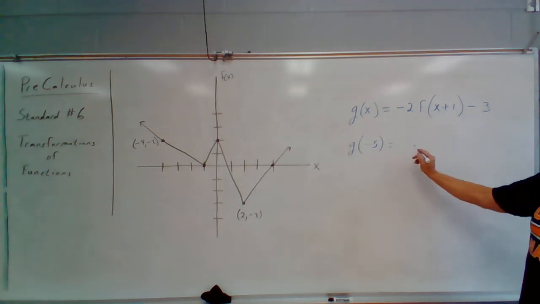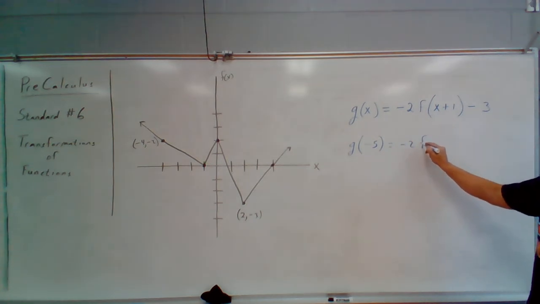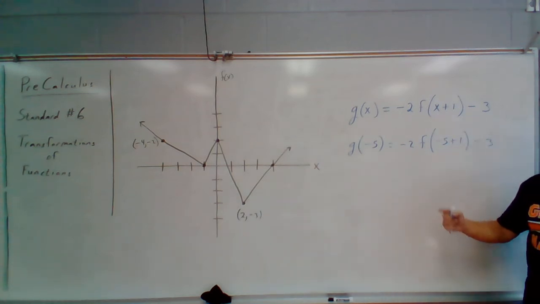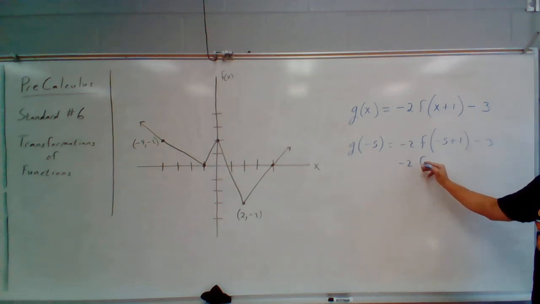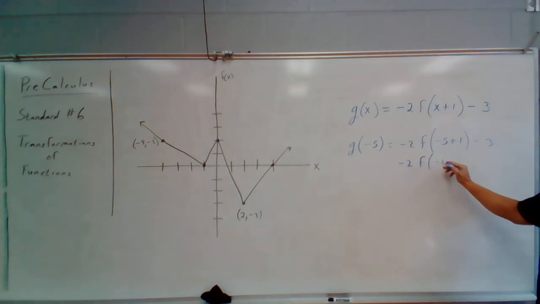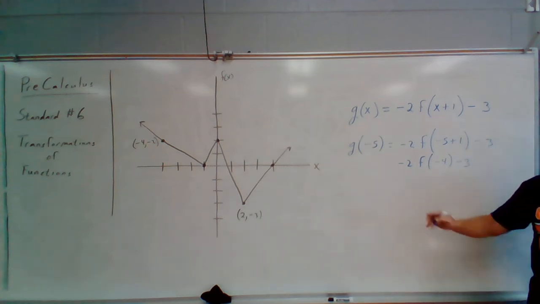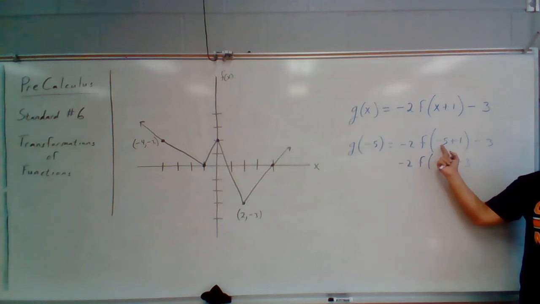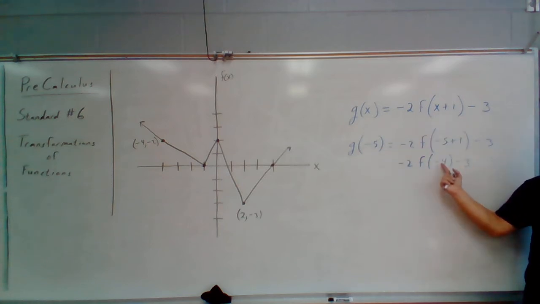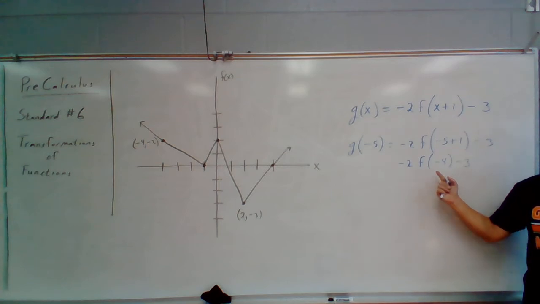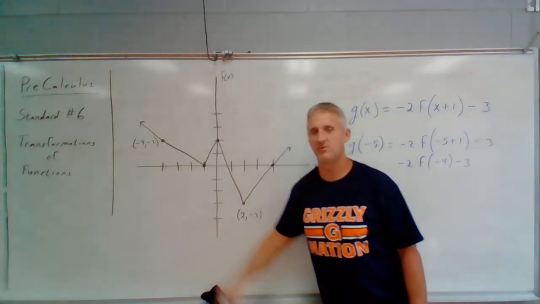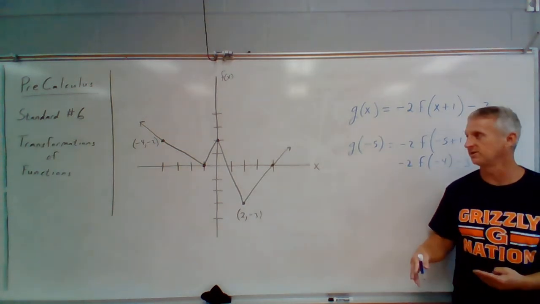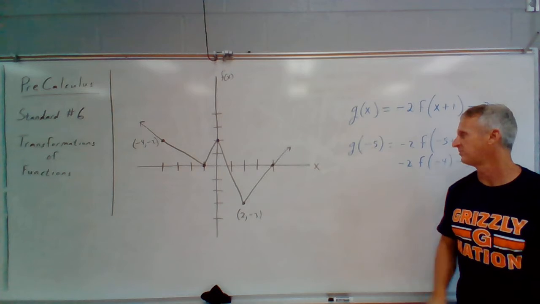So if I put a -5 in for x, I've got -2 times f of -4 minus 3. To be clear, I used -5 for x because that allowed me, when I put -5 in, to find f of -4. -4 is an x value that I know how to plug in. So I had to choose really carefully what number I could plug in for x. I couldn't just plug in any number because I only know 5 points.